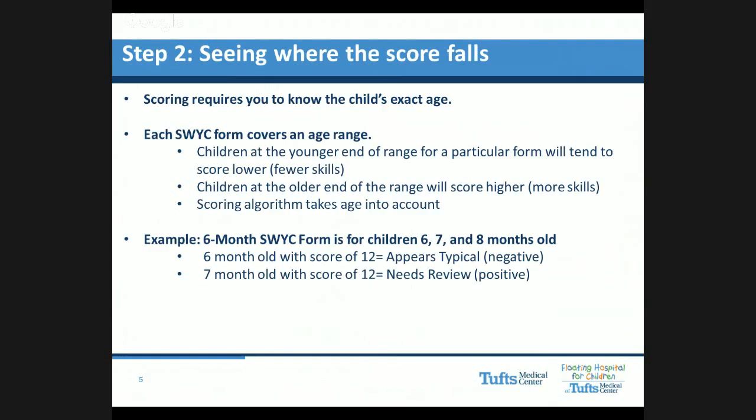However, a 7-month-old child with the same score of 12 would fall in the needs review range. This is because by the age of 7 months, we would expect the child to have developed more skills than a typical 6-month-old, and therefore to receive a higher milestone score. So now that you know why exact age matters, let's move on to step 2 of scoring.